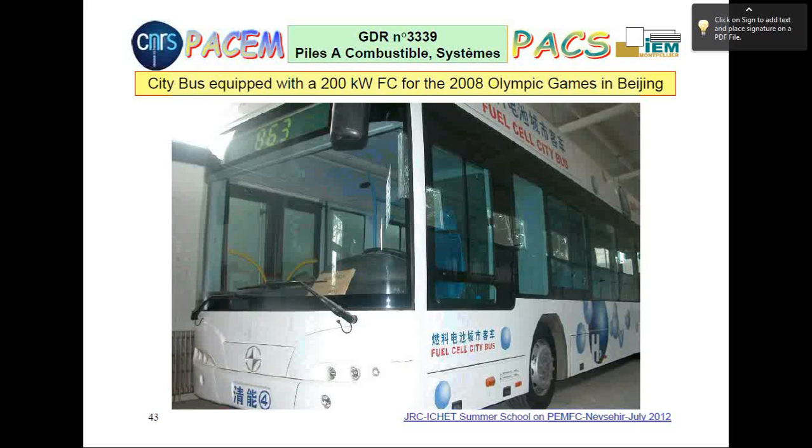How many kilometers can you drive with that 1 kilogram? Normally, for a car, you can get 100 kilometers per kilo of hydrogen, more or less. For a bus, more, of course.